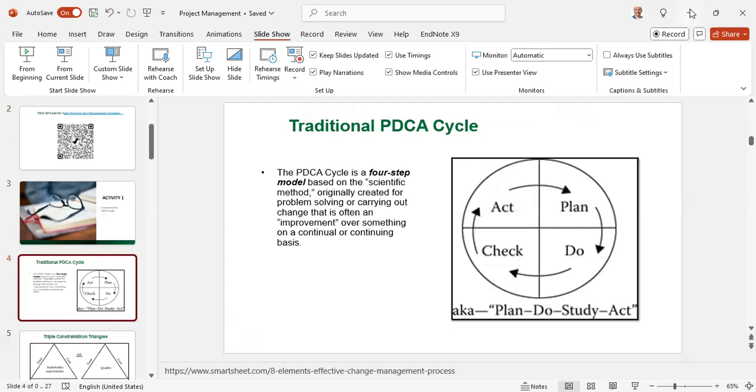So what is PDCA? It's a four-step cycle: plan, do, check, and act.